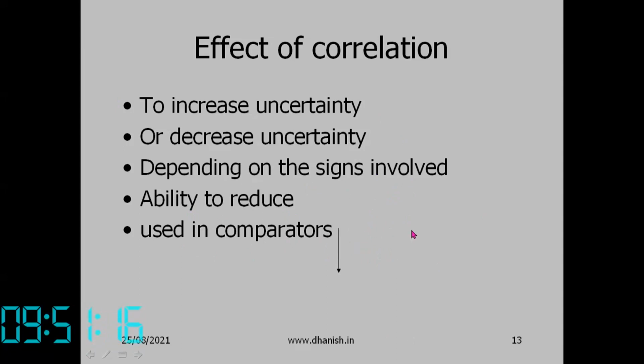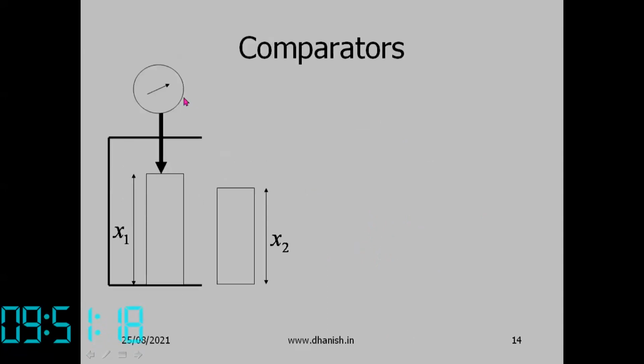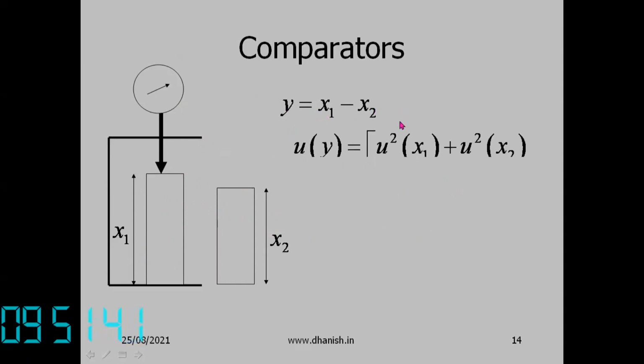So for example, if you want to find out the difference of height between two objects, so one is the workpiece and one is the standard. So standard, you can use a set of gauge blocks and then find out the difference. So the difference y equal to x1 minus x2.